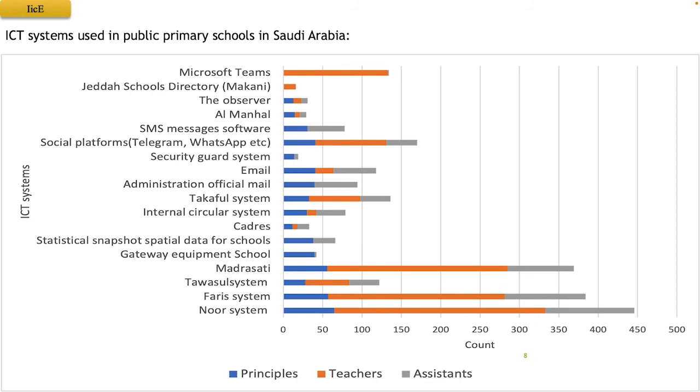As we know, these applications are not authorized by either the Education Ministry or at least by the school principals. On the other hand, email and official email are listed to be used in schools for communication, as they are more secure than other platforms such as social media.